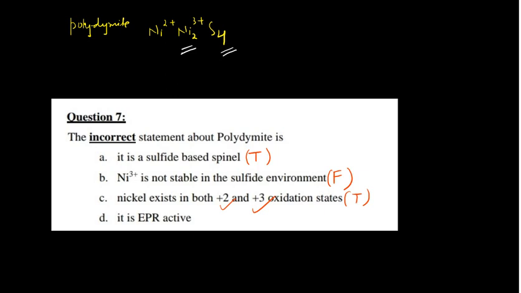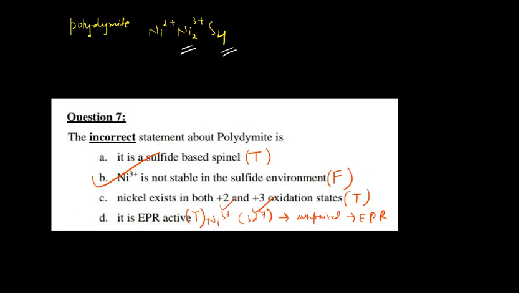Nickel 3 positive is a 3d7 system, and when you have a 3d7 system it will have unpaired electrons, and all species having unpaired electrons are EPR active. This is also true. So the only incorrect answer is option number 2. You can mark option B as the correct option, but it's an important problem.